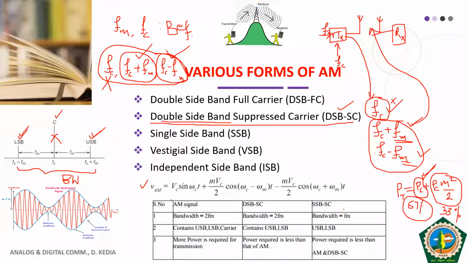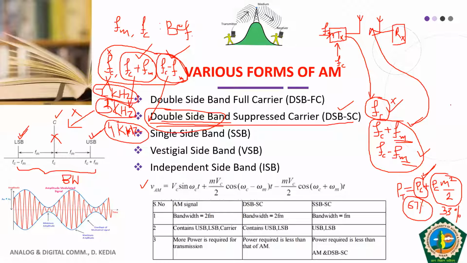I hope this point is clear to each and every one. So students, we talked about the second form of amplitude modulation, and that is double sideband suppressed carrier.